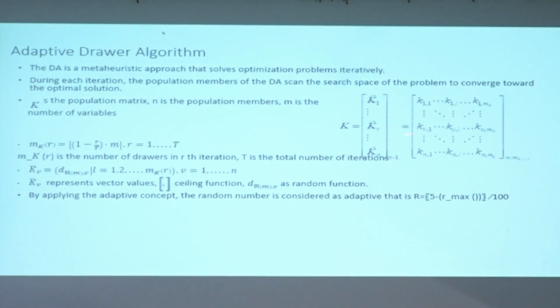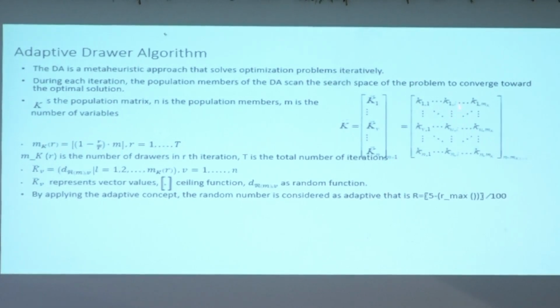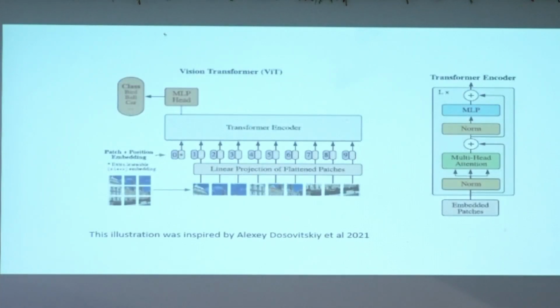The iterations keep on running until the optimal solution is acquired, and these weights are given as the input to the transformer. With those weights, the image is classified as mild, proliferative or severe.